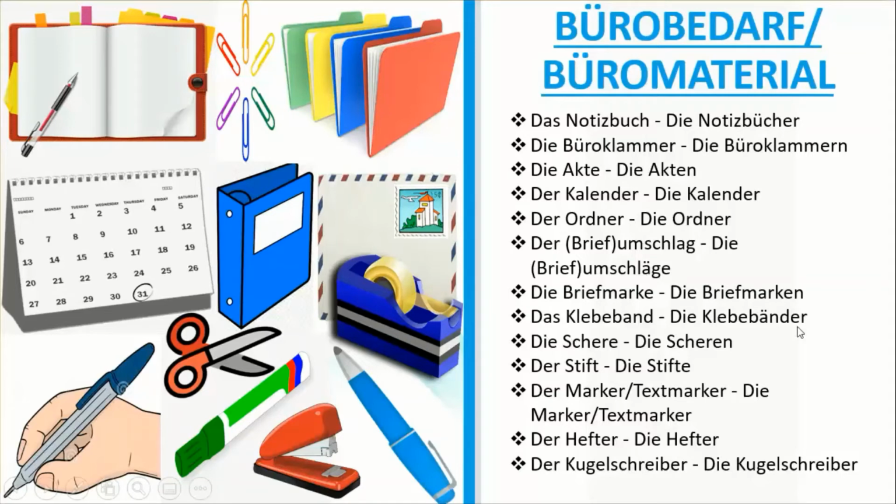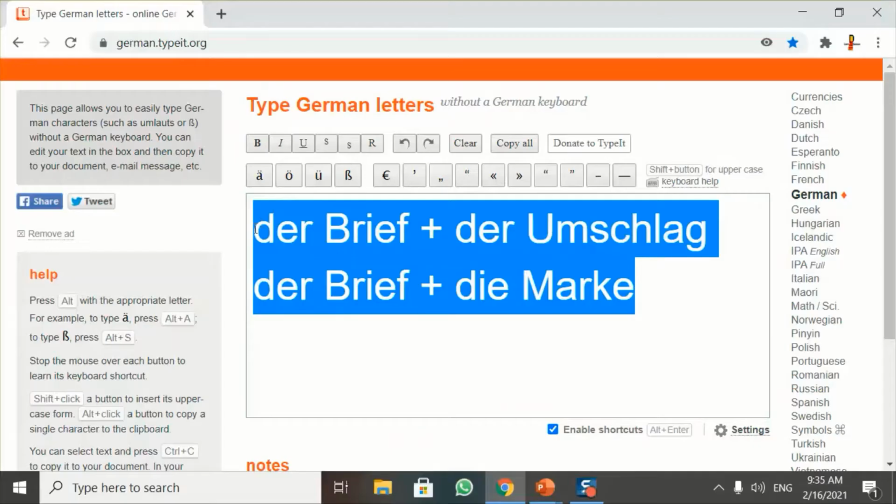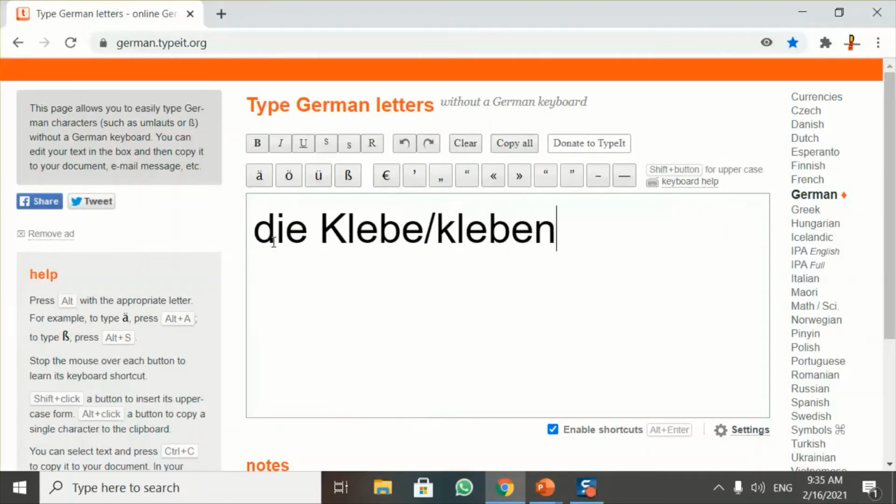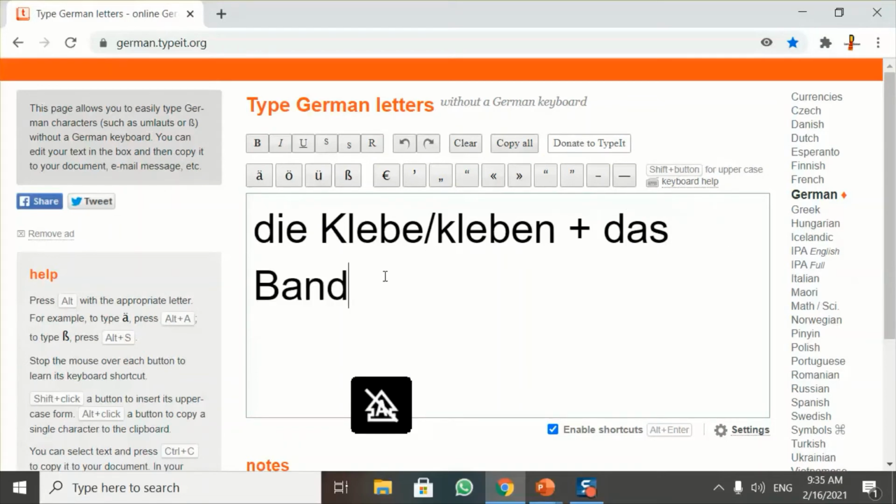Again, this is a compound noun made up of... Now this is a different type of compound noun because we can consider the first one as a noun, der Kleber, which is the glue, or even the verb kleben, which is to glue something, and das Band is the tape. So the tape that glues something.